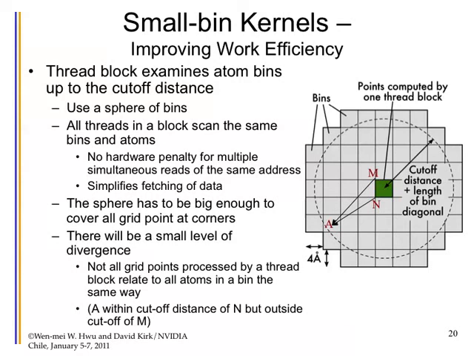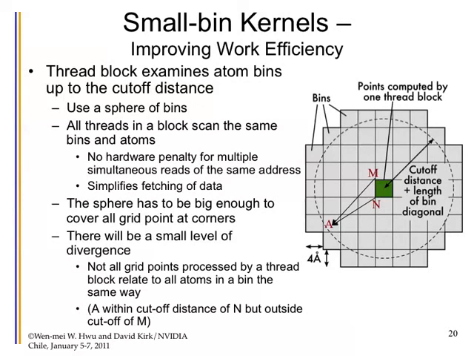So the trick is to figure out how to allow each thread block to look at a minimal number of bins and quickly identify what they are, without a huge overhead, because the calculation of these indices could be very expensive. These are Euclidean distances and coordinate transformations. So you don't want to spend a whole lot of overhead just to identify those bins that need to be considered.